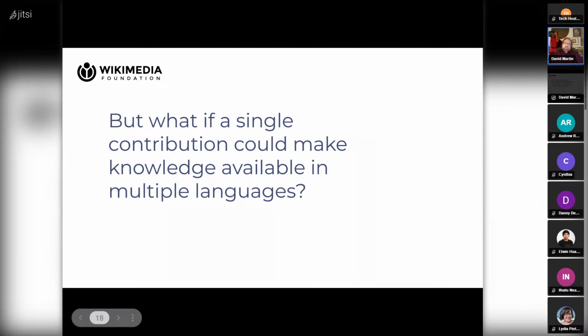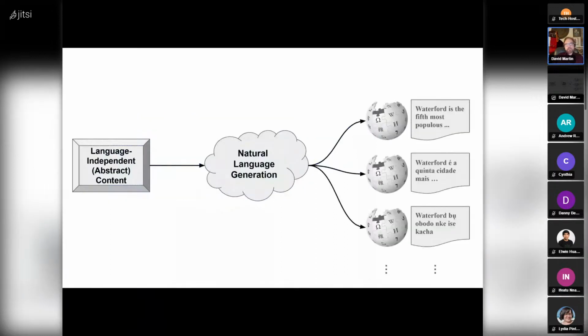However, what if a single contribution could make knowledge available in many languages? And in particular, what if it were possible to compose an article once in a language independent or abstract representation, and then use natural language generation techniques to generate that content into articles in many different languages?